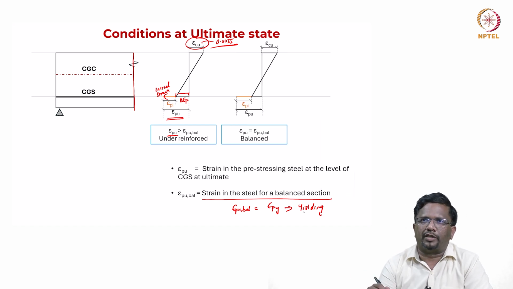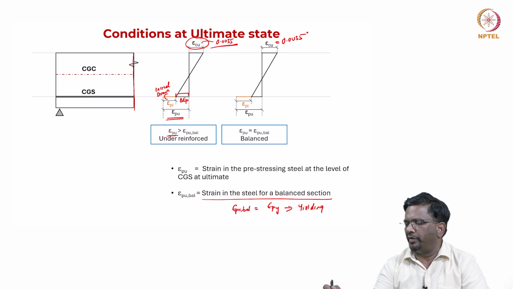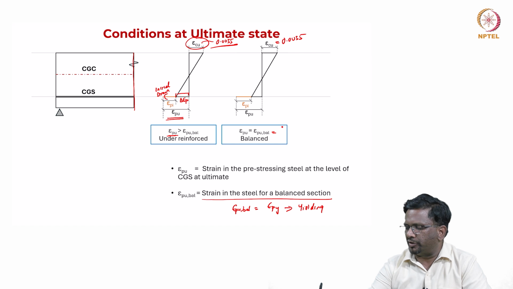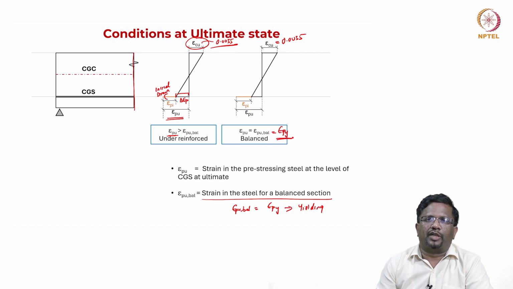For a balanced condition, we know that both of them will reach their limits simultaneously. That means epsilon cu will reach 0.0035, and this epsilon pu, the total strain, will be equal to some yielding strain that we define, right. So, that is your balanced condition.